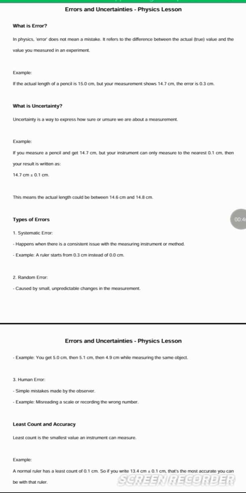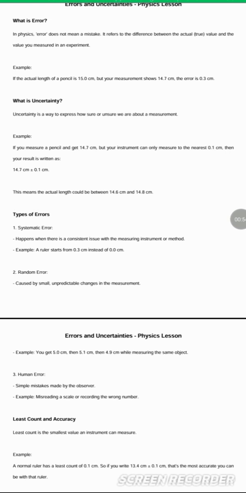So, part first of today's lecture basically revolves around errors. What are errors? First of all, in science, the word error doesn't mean mistake. It simply means the difference between the actual value and the value you measured.